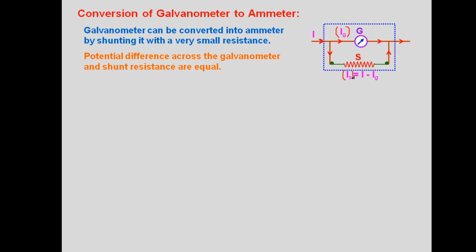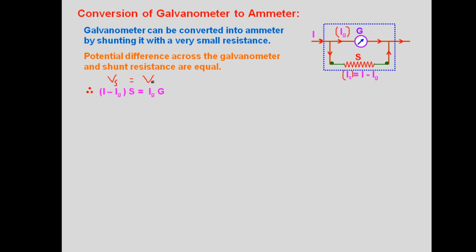So potential difference across the galvanometer and shunt are equal because they are in parallel combination. Voltage across shunt is Vs, voltage across galvanometer is Vg, and formula for voltage is IR, that we have already discussed in Ohm's law.